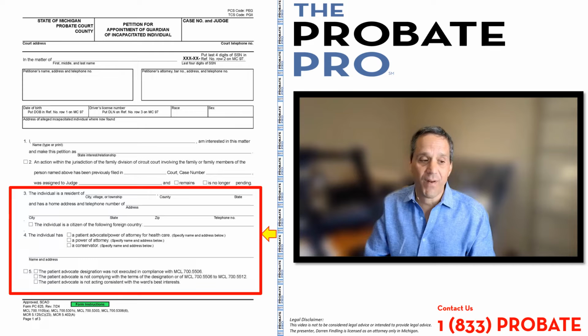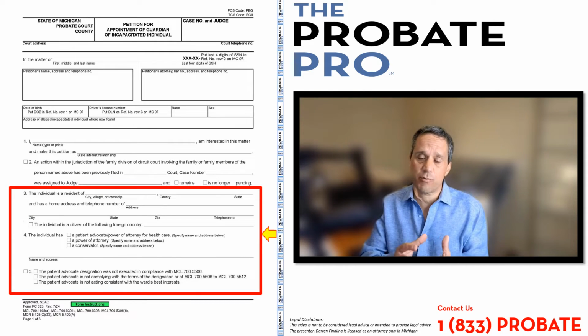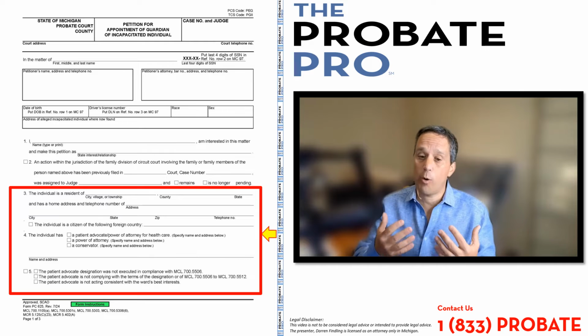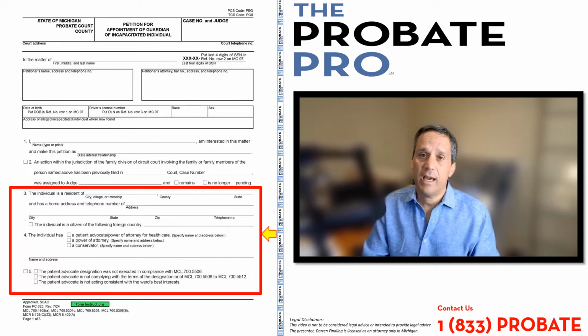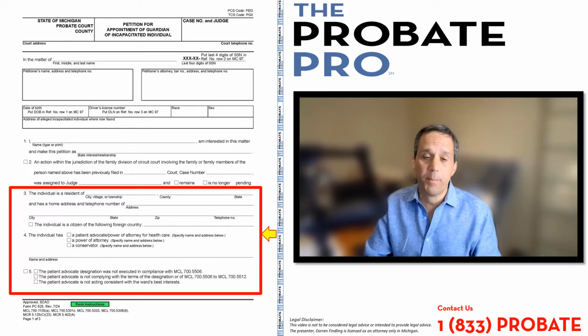Again, under number 5, more information about that patient advocacy. Remember, patient advocacy addresses things like care and well-being and health decisions. You can identify the basis for the information about that patient advocacy designation under paragraph 5.